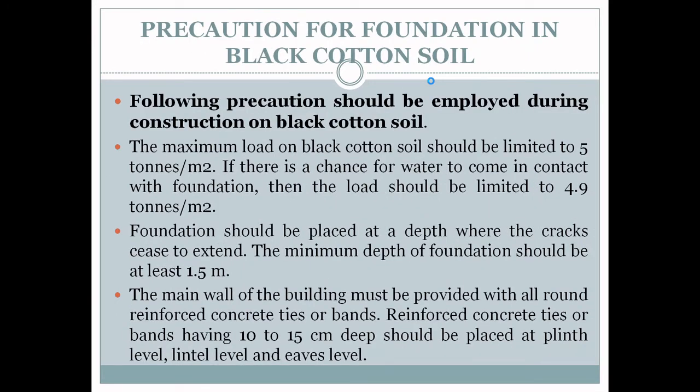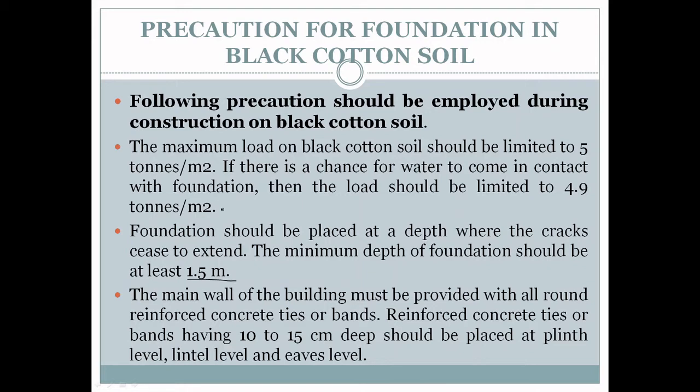So what kind of precautions do we have to take during construction on black cotton soil? The first precaution is the foundation should be taken to such depth where the cracks cease to extend. The minimum depth of foundation should be 1.5 meter.